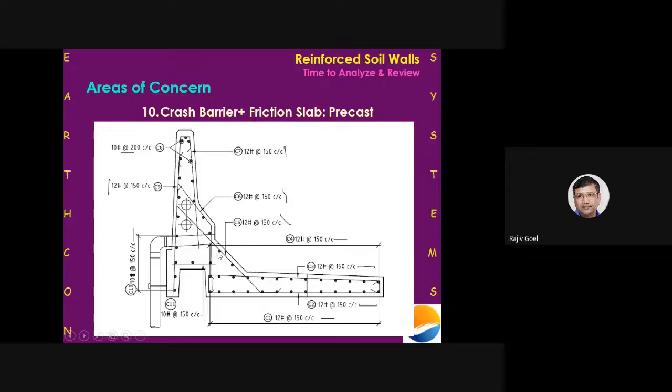It has failed from here because at times the design is done in such a way that there is a necking happening here. And in case there is a necking happening here, this part of the crash barrier will rotate. It will fail from here, and it will fail to mobilize the resistance which is provided by the friction slab and the overburden here.